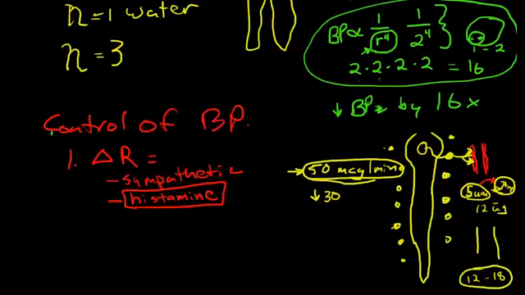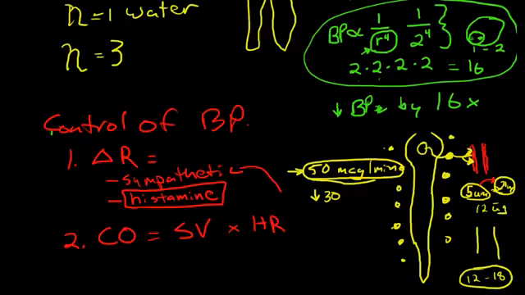Okay, now the second way that the body controls blood pressure is by controlling cardiac output, by increasing stroke volume or increasing heart rate. Again, the main way it does this is through the sympathetic nervous system.